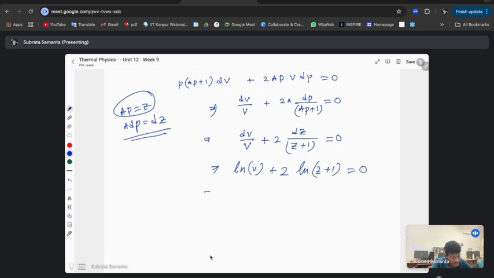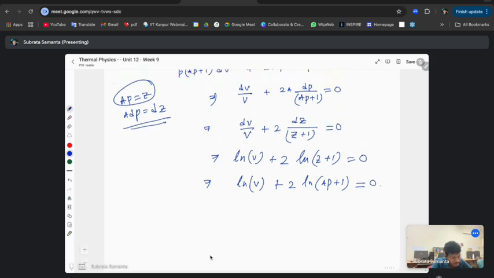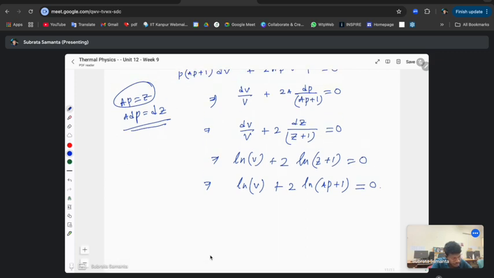Now we plug this value Z in terms of A and P. So ln V plus 2 ln (AP plus 1) equals to a constant.